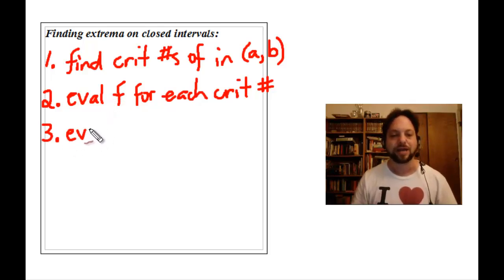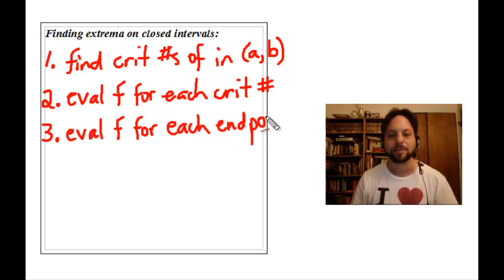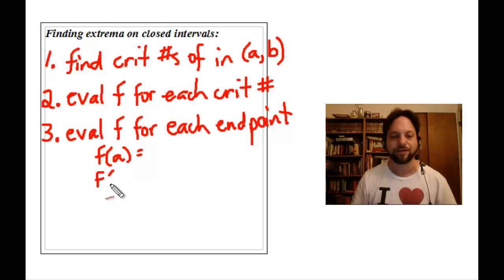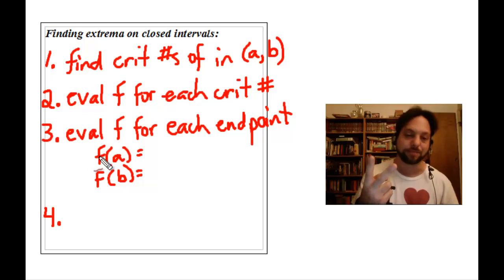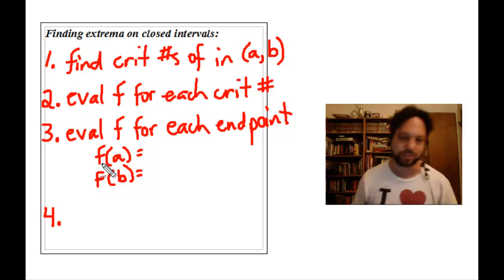After we're done with that, and this is the step that most people miss, we need to evaluate f for each endpoint on the interval. And what I mean by that is we need to evaluate what f of a equals and what f of b equals, in addition to f of each critical number. Now, after we do this, we're going to have a list. It'll have at least 2 elements, being the endpoints, and then any critical numbers in between.